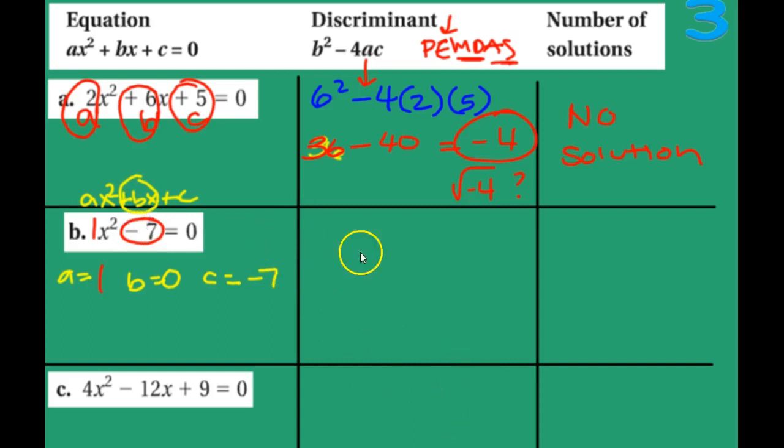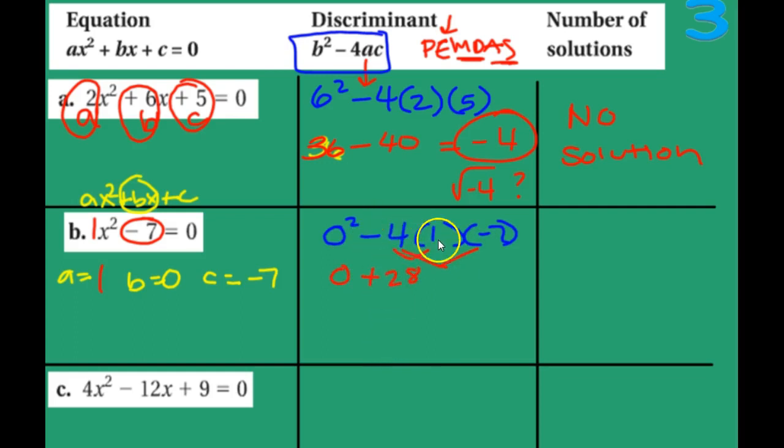So let's plug this in. We have b squared, plugging it into our discriminant, b squared, which is 0 squared, minus 4 times a times c, A is 1, and C is negative 7. Now, don't just stop because you see a 0. I know 0 squared is 0, but here we have negative 4 times 1, which is really just negative 4, and negative 4 times negative 7 makes a positive 28.